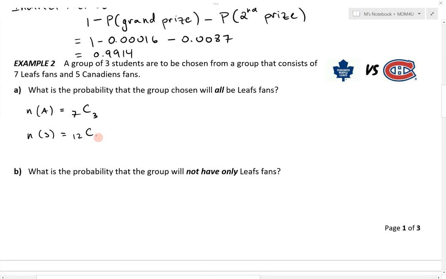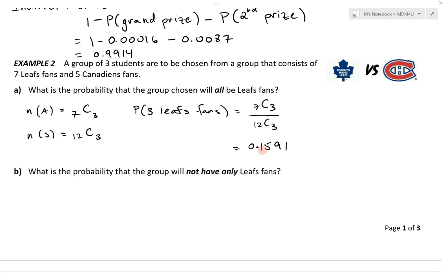So 12 choose 3 because I'm choosing a group of 3. So the probability that you have 3 Leafs fans is equal to 7 choose 3 divided by 12 choose 3, which is 0.1591. So you have a 15 or 16% chance of having all 3 students in your chosen group to be Leafs fans.